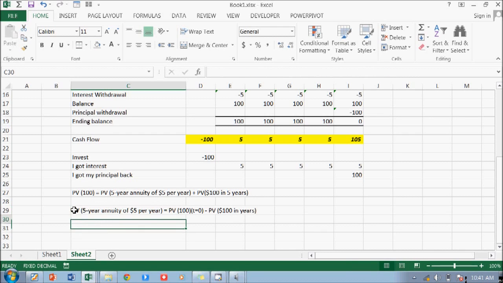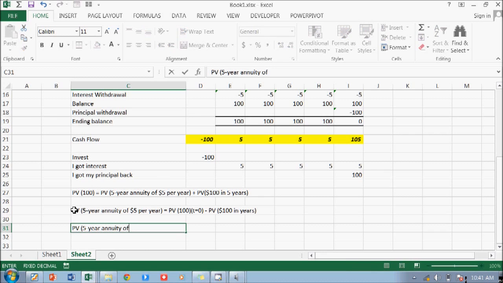Okay. And if you want to put it into the formula, it is not really difficult. So a 5-year annuity of $5 per year is equal to the PV of 100, which is your money borrowed or invested.